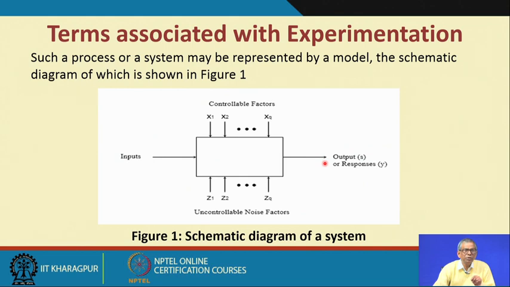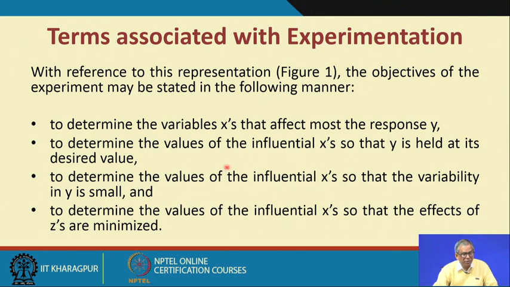That means you must select the most important response variable out of many possible ones. You need to identify the controllable factors, and you also need to identify the uncontrollable noise factors. So this is a schematic representation.